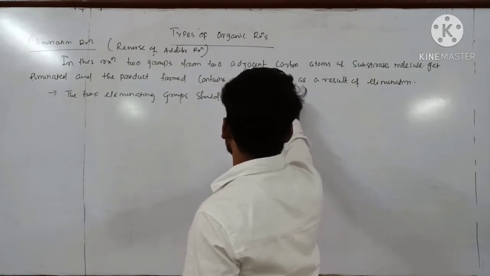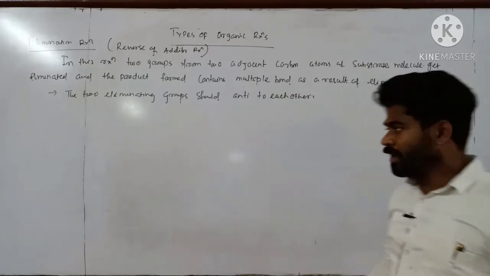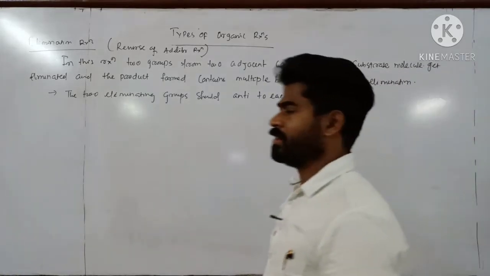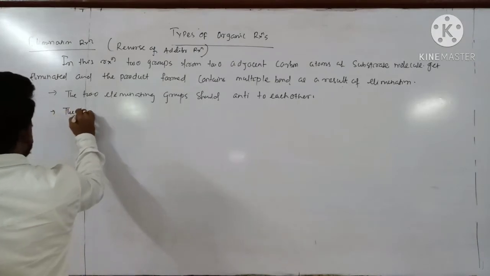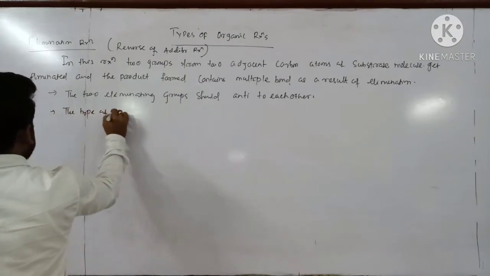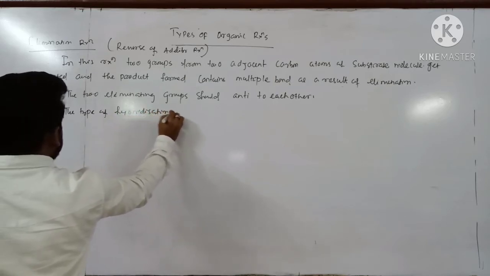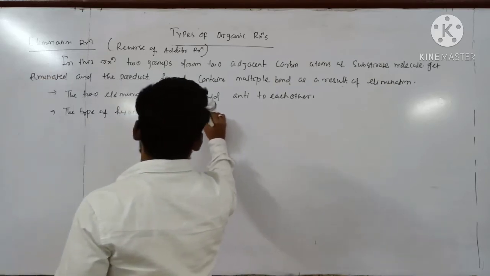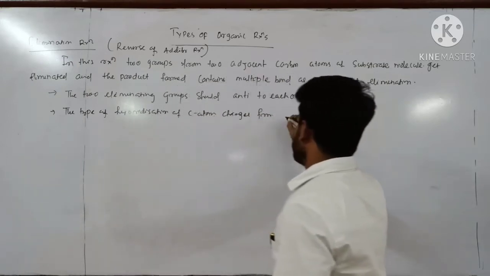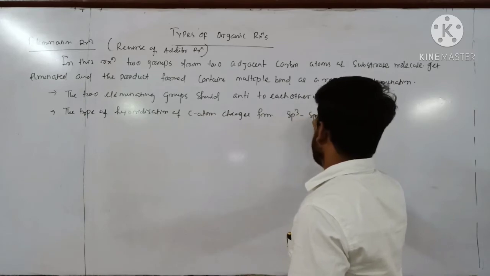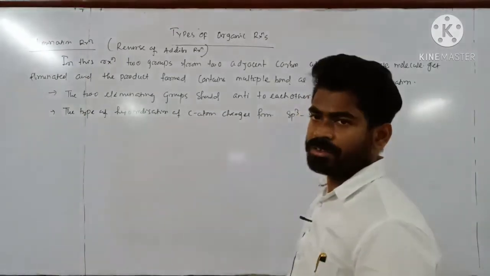Again here the type of hybridization of the carbon atom changes from sp3 to sp2 followed by sp. Clear? Opposite to that of addition.